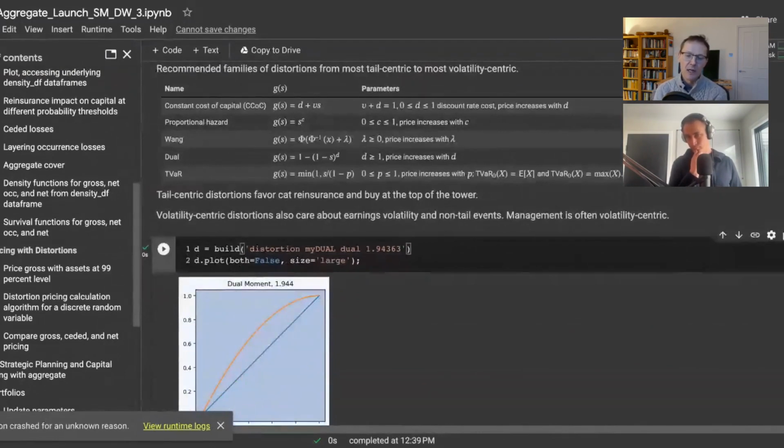They're all functions that take a number between 0 and 1, and they map it to another number between 0 and 1. They take 0 to 0, 1 to 1. They're increasing, and they're concave, right? So they all look something like the orange line that you've got here.